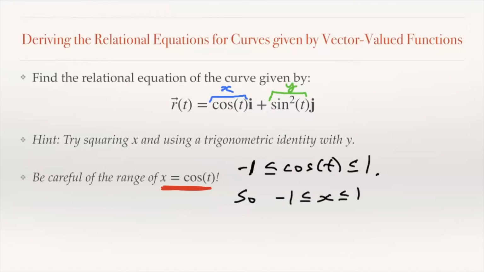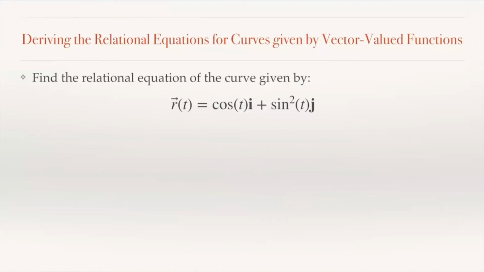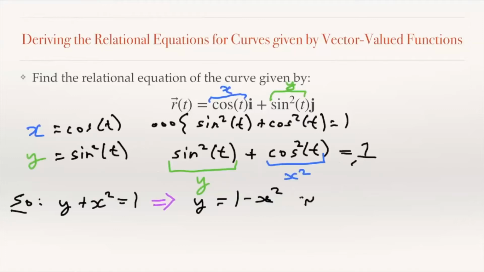So this is a domain restriction of x in our relational Cartesian equation. Okay, so it's this with the domain restriction that x is between -1 and 1.